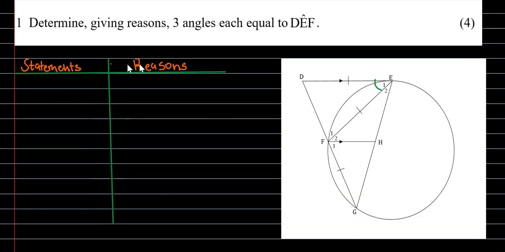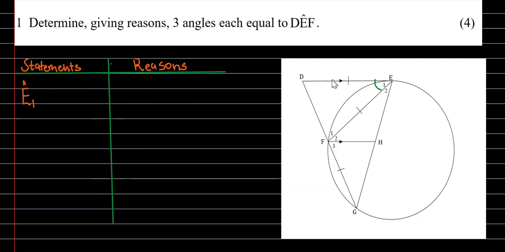So here is statements, then here is reason. Okay, so they want an angle that will be equal to DEF. I can just say E1 because it will be easy if I write E1. So it's an angle that will be equal to E1.